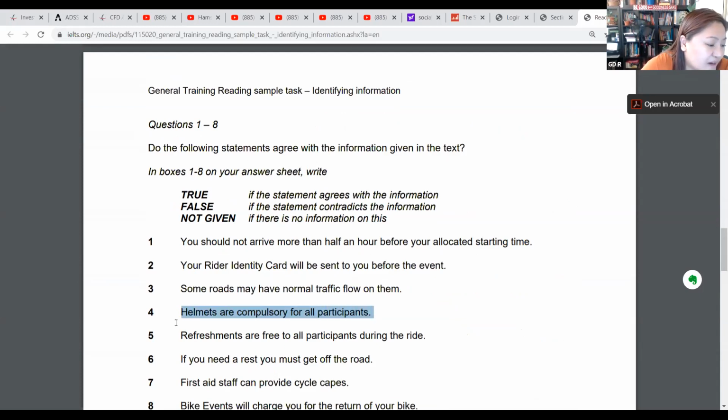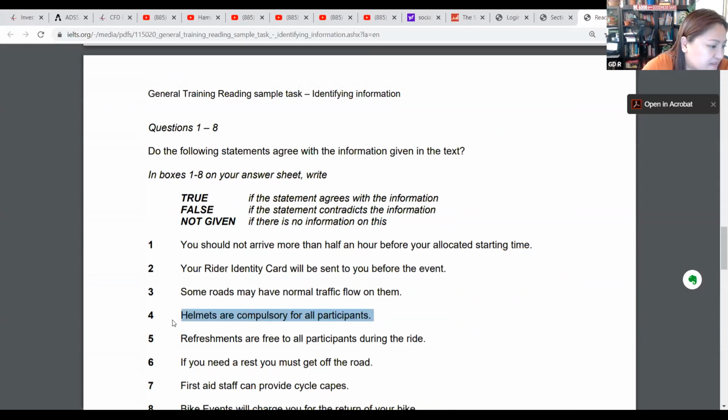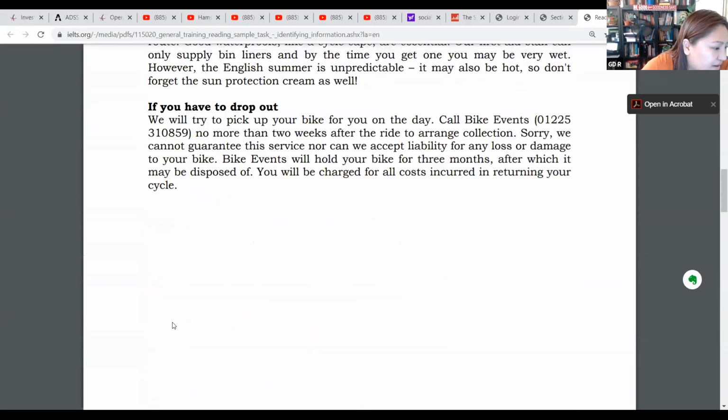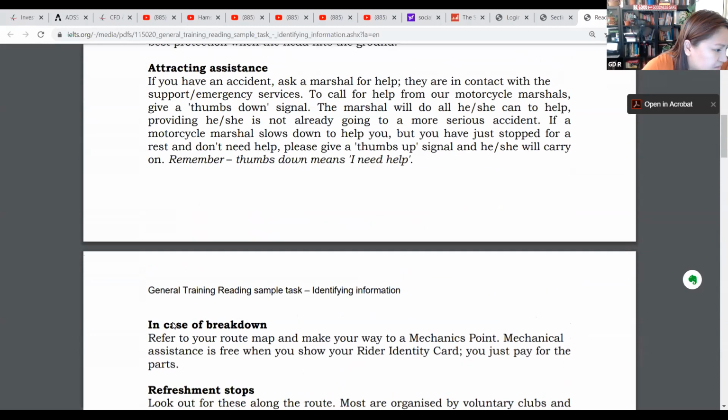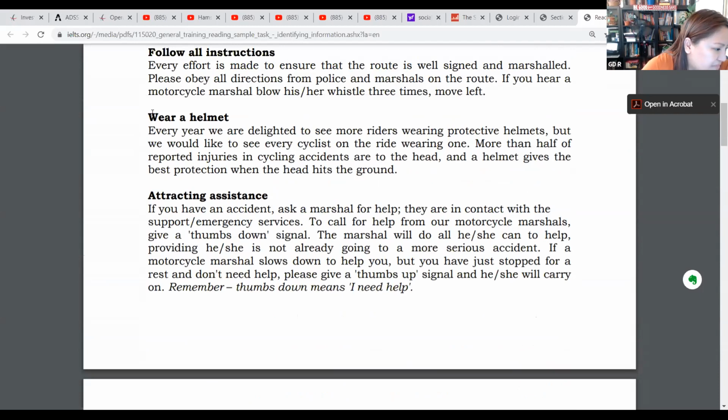Again, we need to go back up to check if the passage states that helmets are compulsory. Let's look for anything that says about helmets. Okay, here, wear a helmet. Every year, we are delighted to see more riders wearing protective helmets, but we would like to see every cyclist on the ride wearing one.